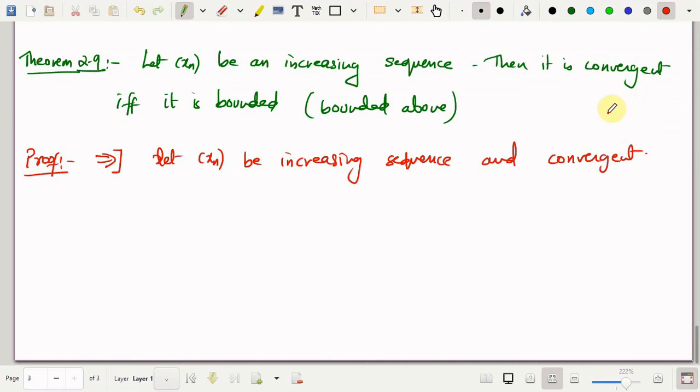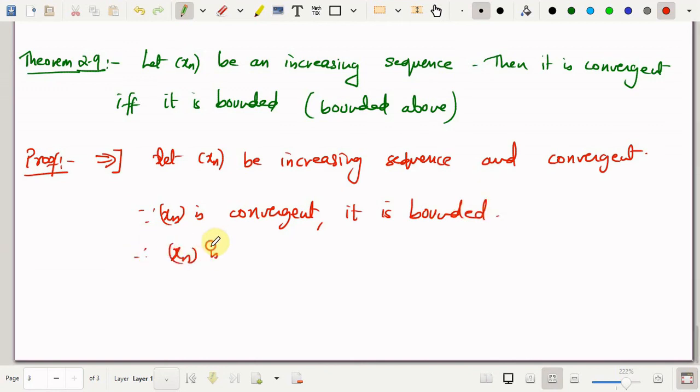In fact, in this case we are not even using the fact that it is an increasing sequence. So since xn is convergent, it is bounded, and therefore it is bounded above also. So that's the first part.